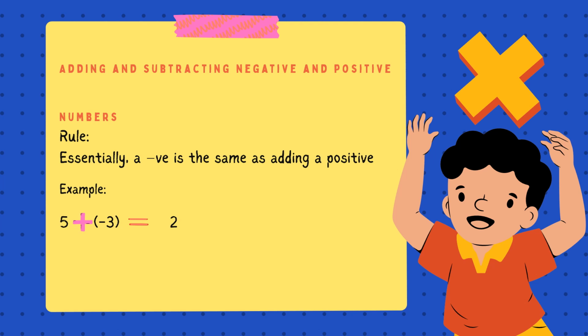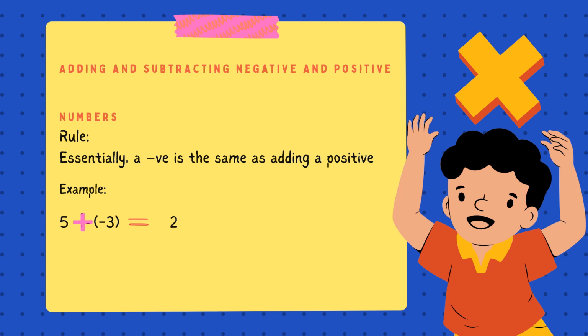This equals 2. So you're going to subtract, and then it takes the sign of the larger number. So 5 subtract 3 equals 2. Positive 2 takes the sign of the larger number. Let's do another example.